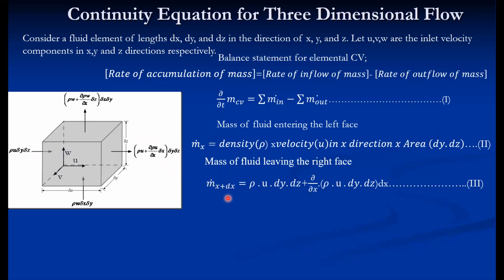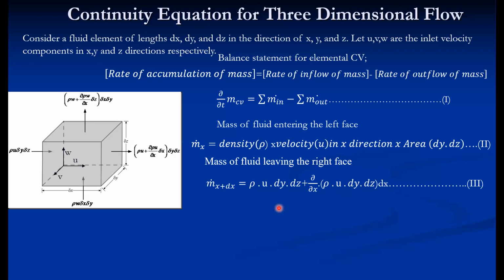So the same concept we use here. So f of x plus dx. In this case, f of x is m dot x. So m dot x plus dx is equal to m dot x plus f dash of x, that is, m dot ∂/∂x dx, the variation along the x direction, into dx.